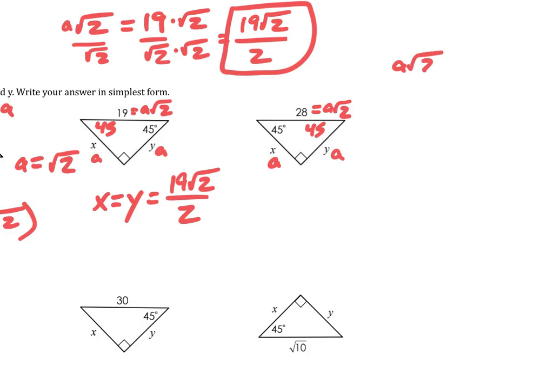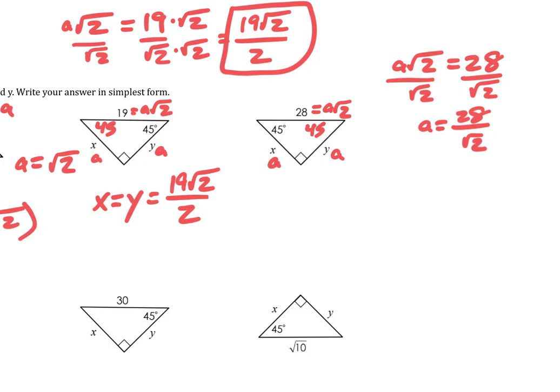Once again, I'm going to set A radical 2 equal to 28. How do I get A by itself once I set that equation up? Divide by radical 2. Okay? We're doing a lot of the same things over and over again here. Now, what you're going to start to figure out is that there is a pattern.